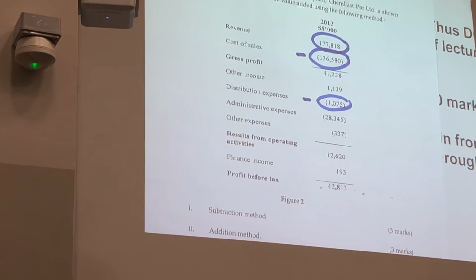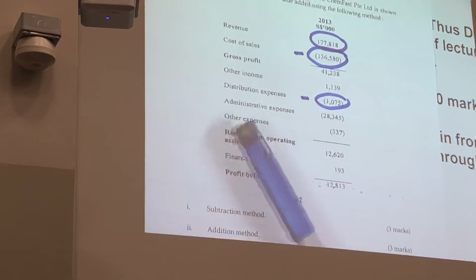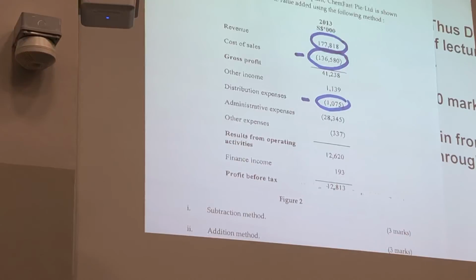Now, do you notice the admin expenses and other expenses? Remember we always say that we minus away what, guys? There's a difference between other operating expenses and staff costs. We tend to separate this because you need to calculate your value added.